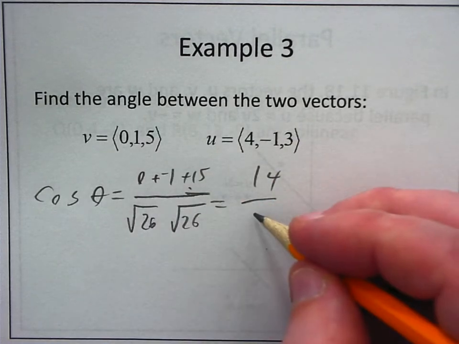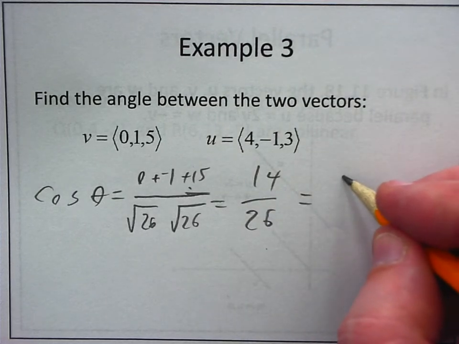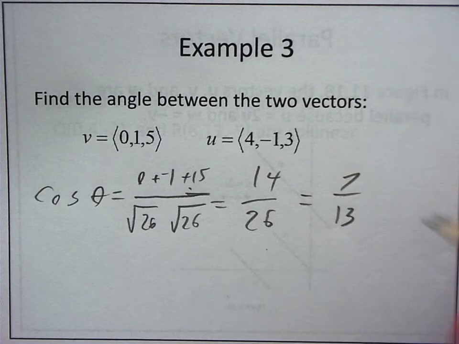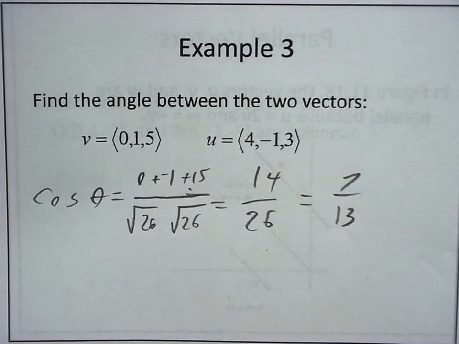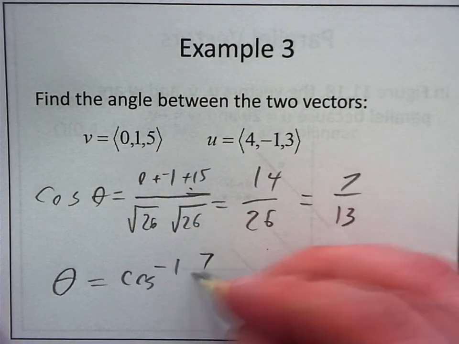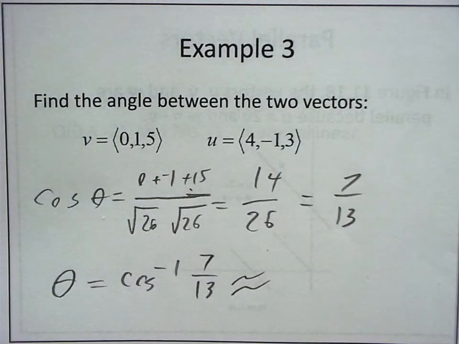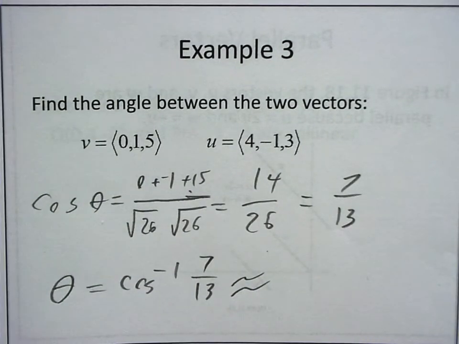So my denominator simplifies, and I get 7/13. So my answer is 7/13. No, what else do I have to do? Inverse cosine. So theta is going to be equal to the inverse cosine of 7/13. Go and punch that in. 1.002.